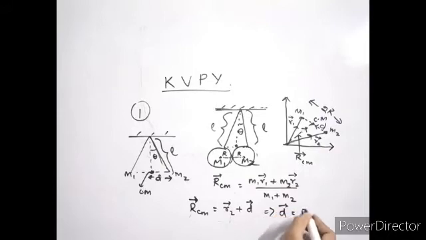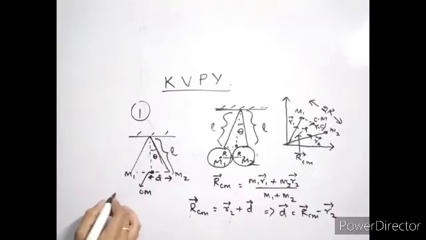So d vector is equal to rcm vector minus r2 vector. This is what we have vectorially from the triangle, and from that we have the equation for the d vector.